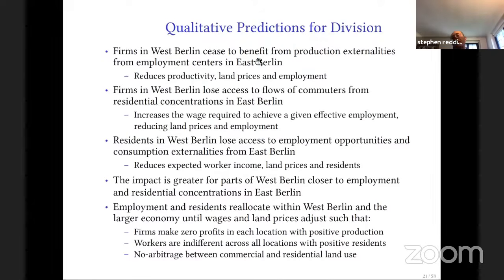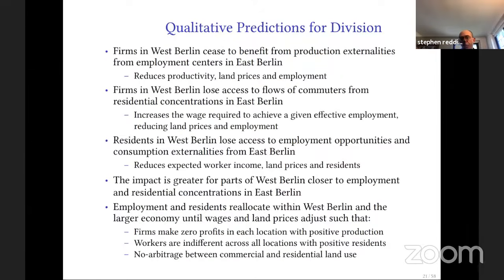It's going to make them less productive, which is going to reduce their demand for floor space. So land prices are going to fall. It's also going to reduce their employment. Firms in West Berlin are also going to lose access to flows of commuters from residential concentrations in East Berlin. So they lose a supply of labor. What's going to have to happen in equilibrium? Well, we said there's an upward sloping supply function for labor.